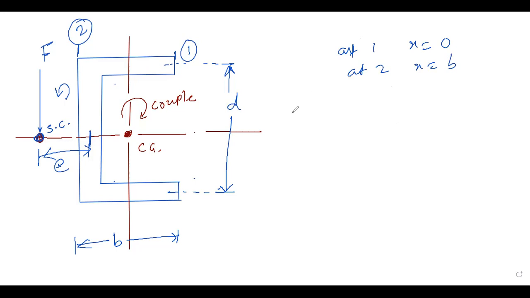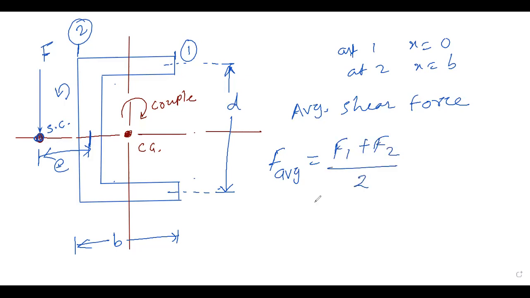So now average shear force F average is equal to F1 plus force at 2, divided by 2. So is equal to F by I. Now putting X equal to 0 and X equal to B in the previous equation.